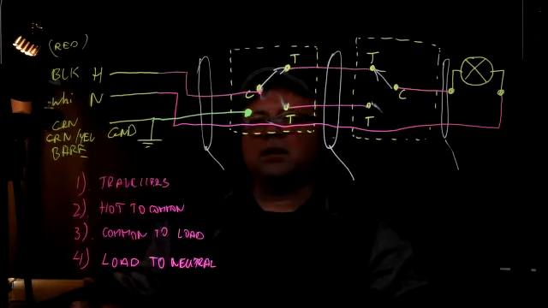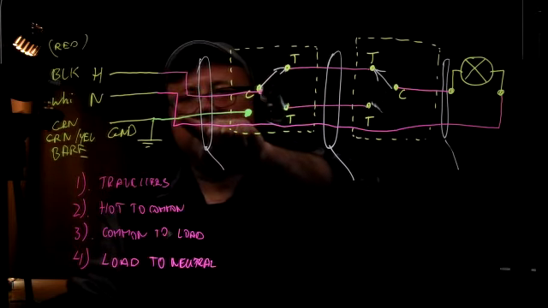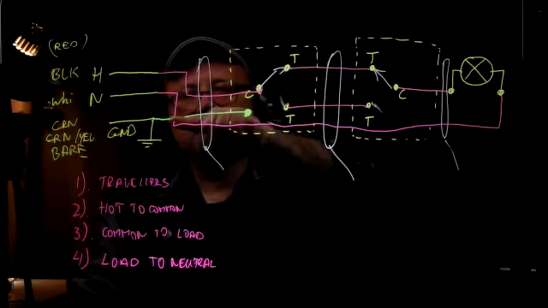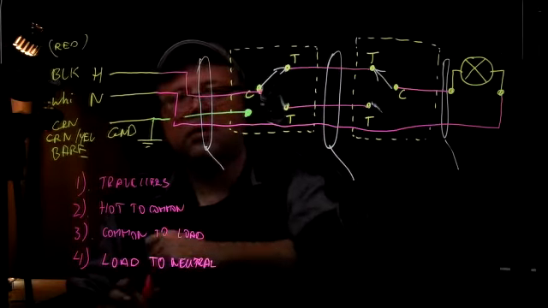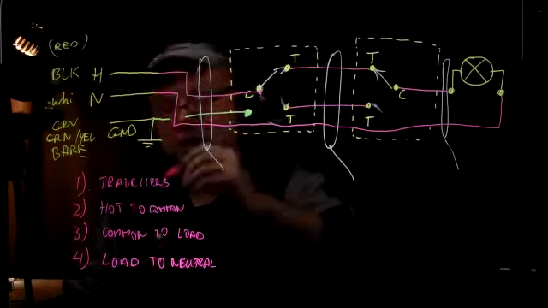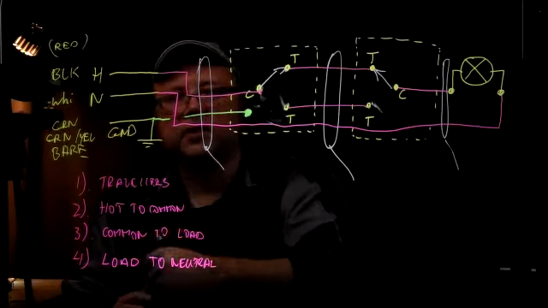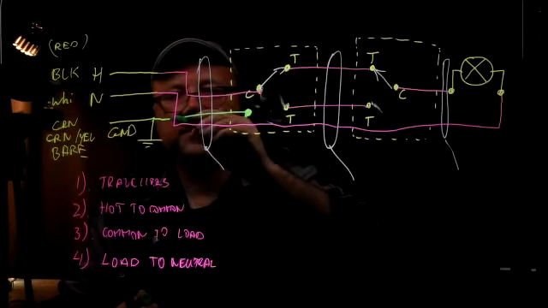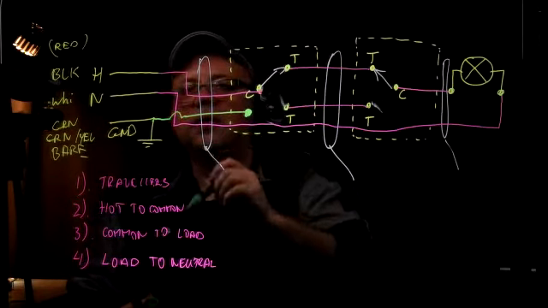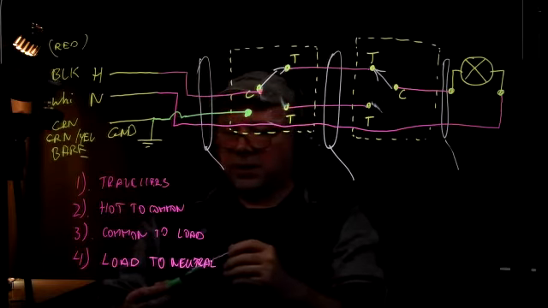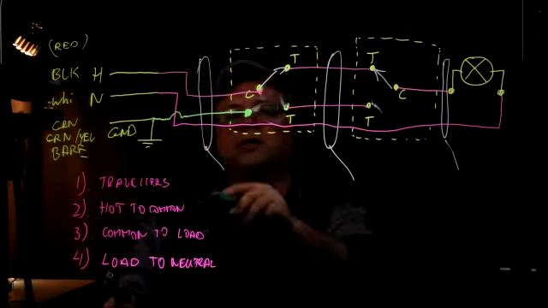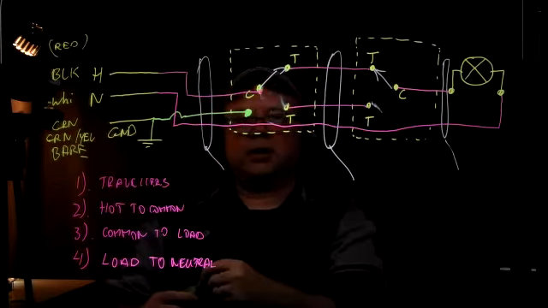The other thing also, I should have done it this way. Please do that this way. All right, we have jumped the connection. So that indicates that there's no connection here.